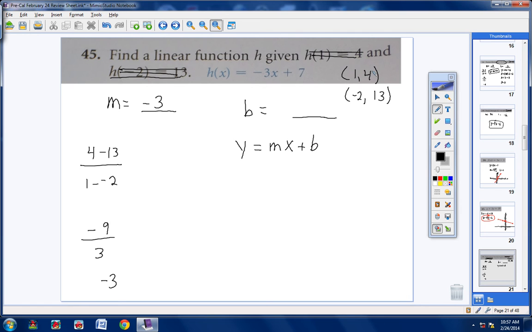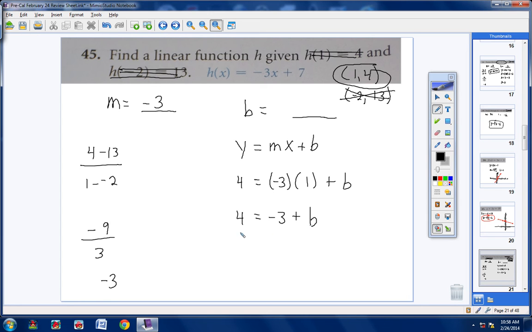I'm going to use this ordered pair here because it has no negative signs. You're welcome to use the other ordered pair. It doesn't matter. Where the y is, I substitute 4. Where the m is, I substitute negative 3. Where the x is, I substitute 1, and then plus b. Now let's do our multiplication on the right side. Negative 3 times 1 is negative 3, positive b.